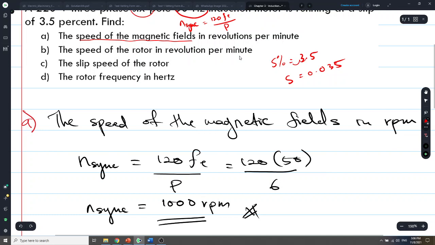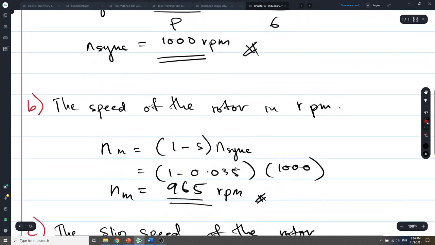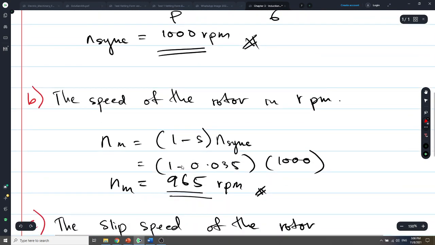Okay, so remember the main equation, Nm is equal to 1 minus S times NSync. So this kind of question, A, B, C, D is related. So once you get the wrong answer in A, most probably the others will be wrong. So ini kita buat lah. So kita just masukkan equation, 0.035, dapat lah.